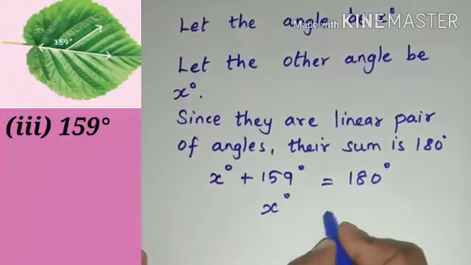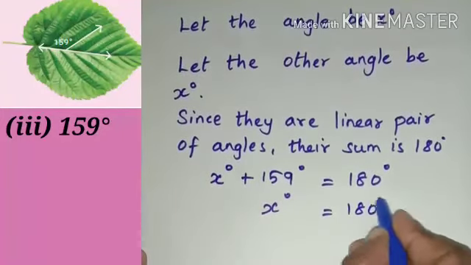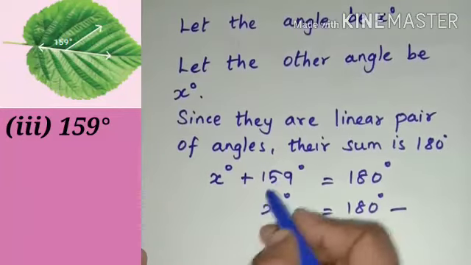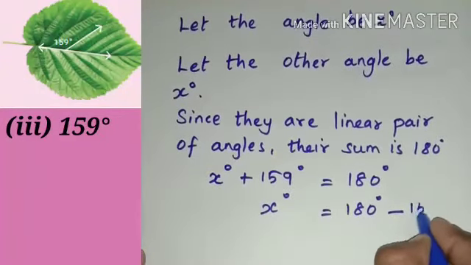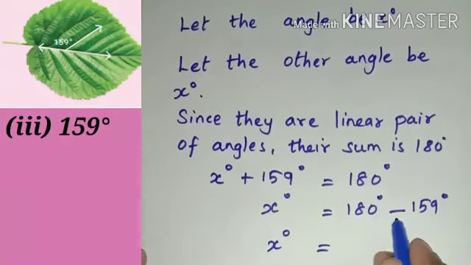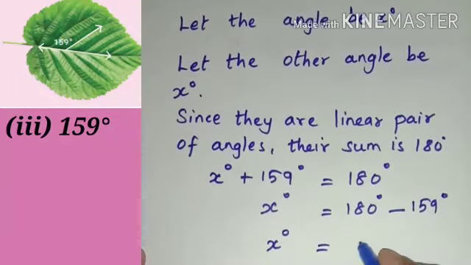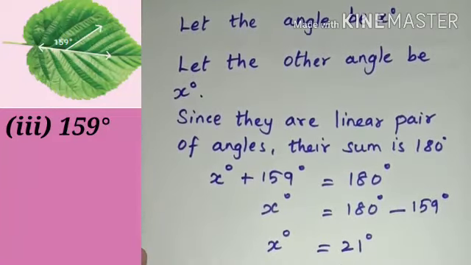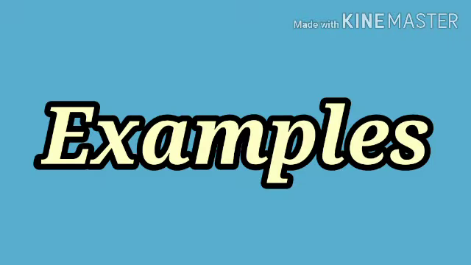So x degrees is 180 degrees minus 159 degrees, as the plus 159 becomes minus 159 on the right hand side. So x degrees is equal to 21 degrees. So the other angle is 21 degrees.